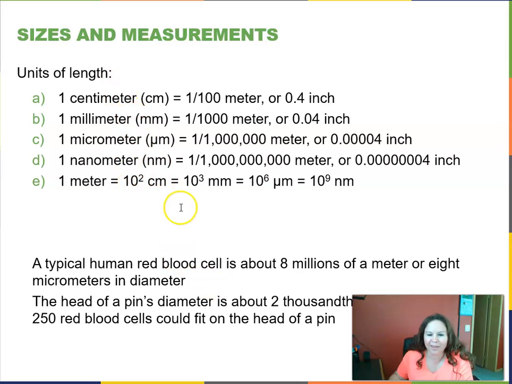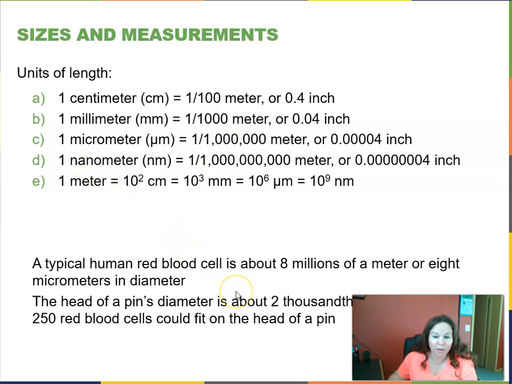Here's a little reminder of some metrics for us here. In the world of microscopy, we're often dealing with a unit of what we call micrometers. We use the Greek symbol mu, which looks like this that I'm pointing to right there. And look how small it is, 1/1,000,000th of a meter.